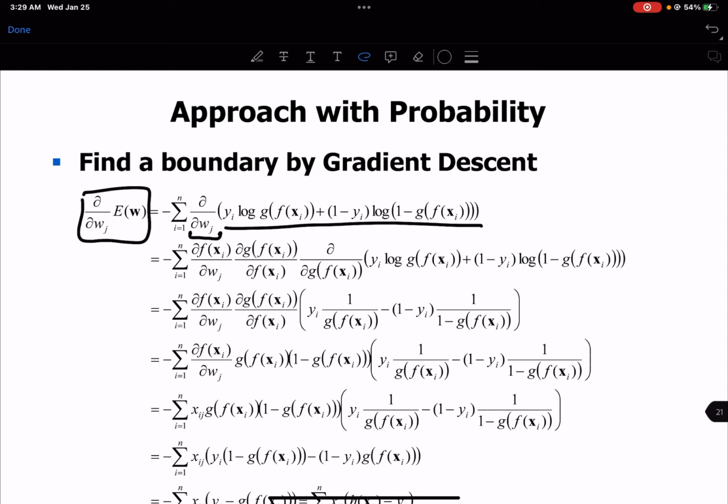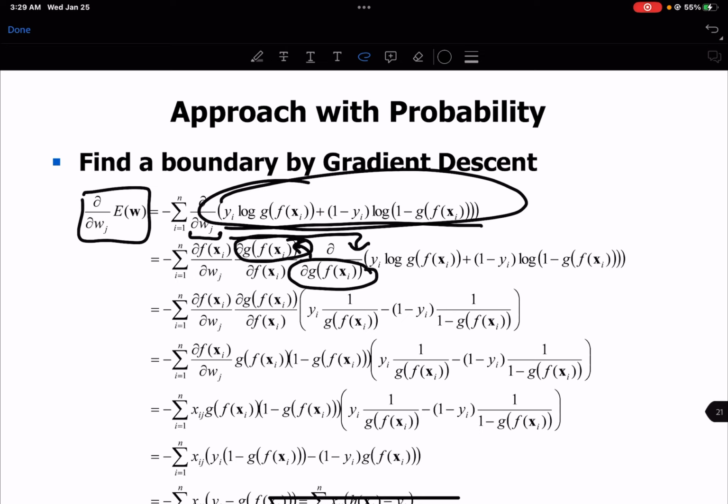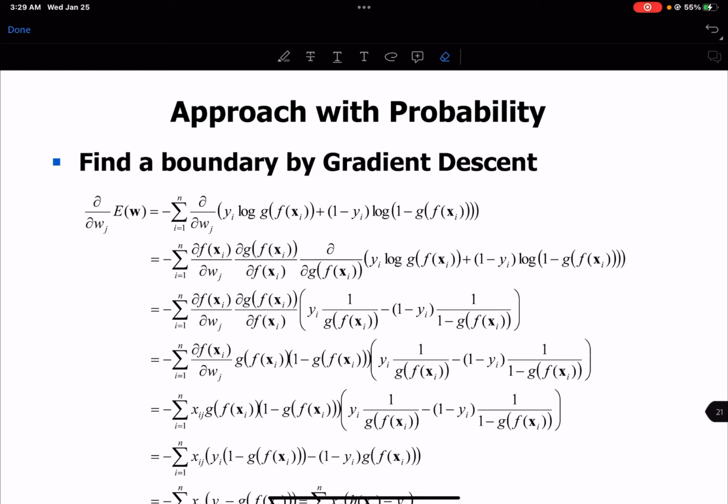First we will have the derivative of this whole function with respect to this variable. Once we get this, we will differentiate this variable with respect to f of x_i, and when we have f of x_i, only then can we differentiate with respect to w. So now we are going to differentiate with respect to your g of f of x_i.